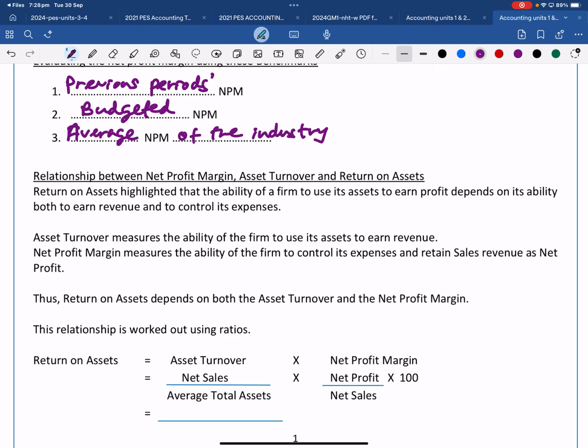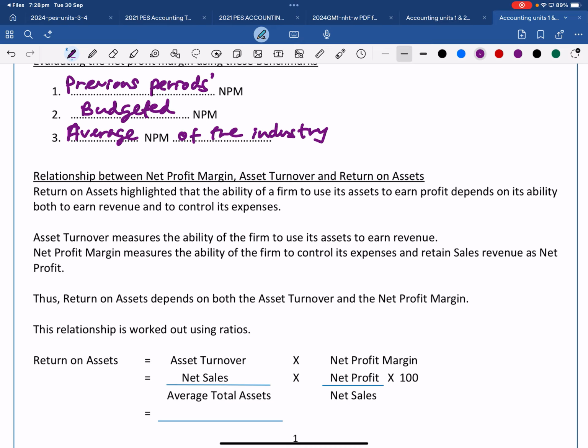So the return on assets is the outcome of both aspects: net profit margin, expense control, and asset turnover, the ability of the business to generate sales. That is theoretically.